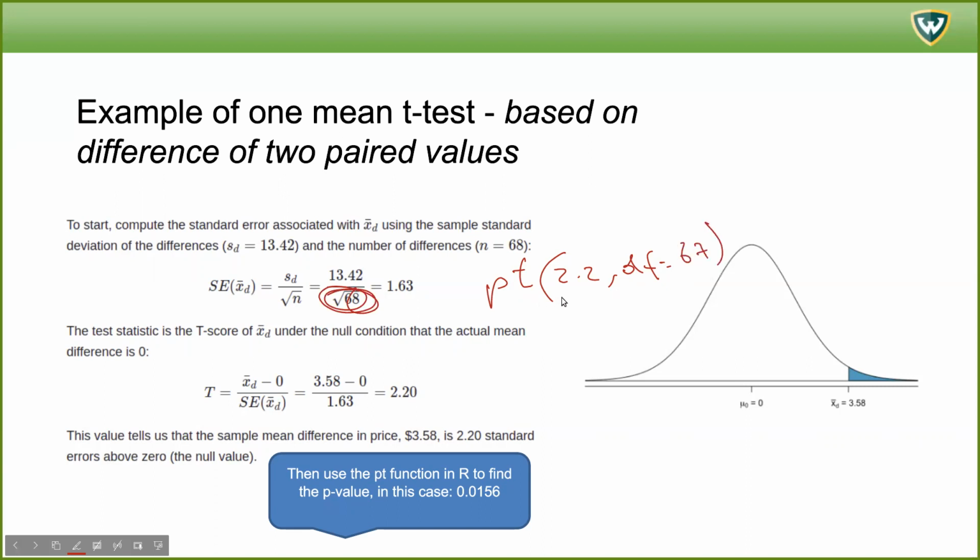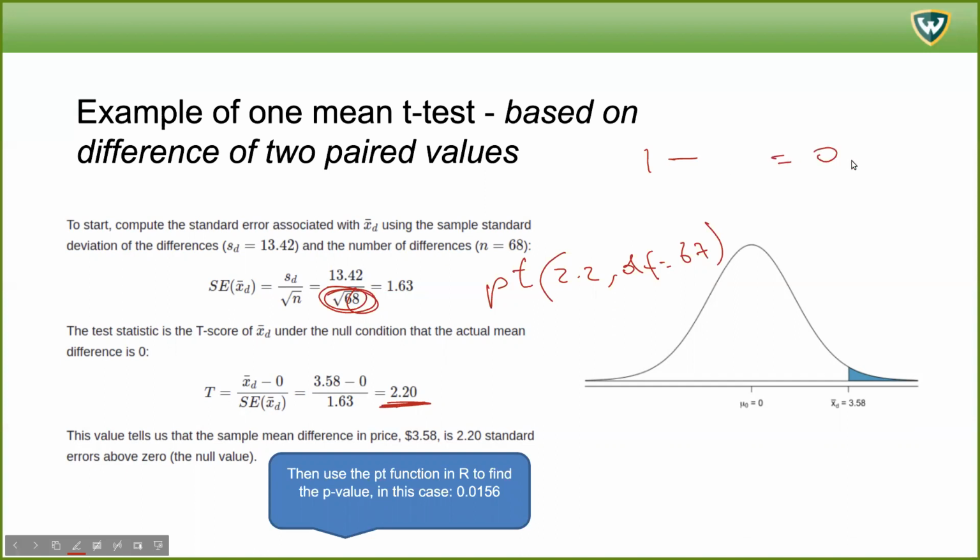And then what's the value we get? Because we're using a positive t-score, we're going to need to do 1 minus the result from this.